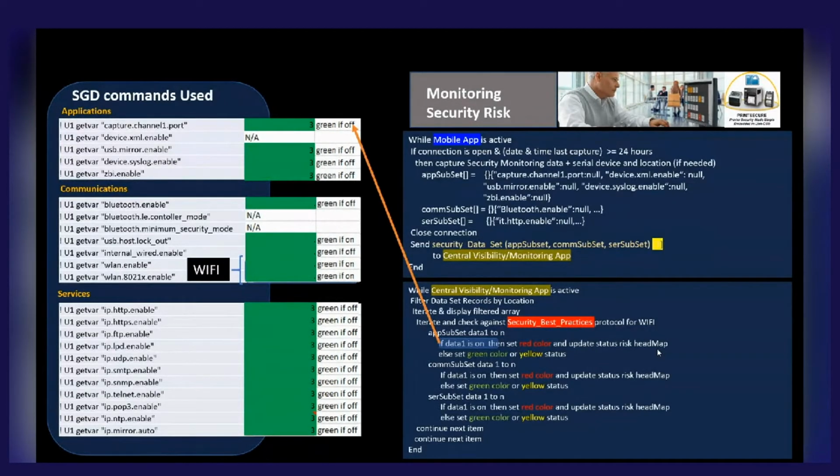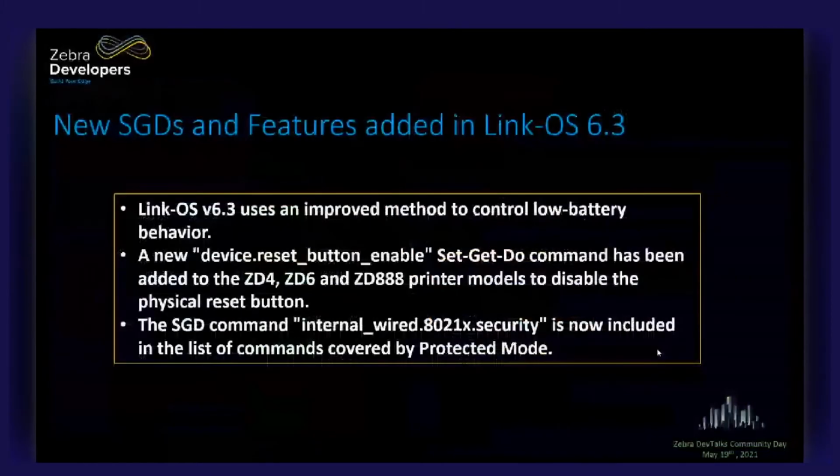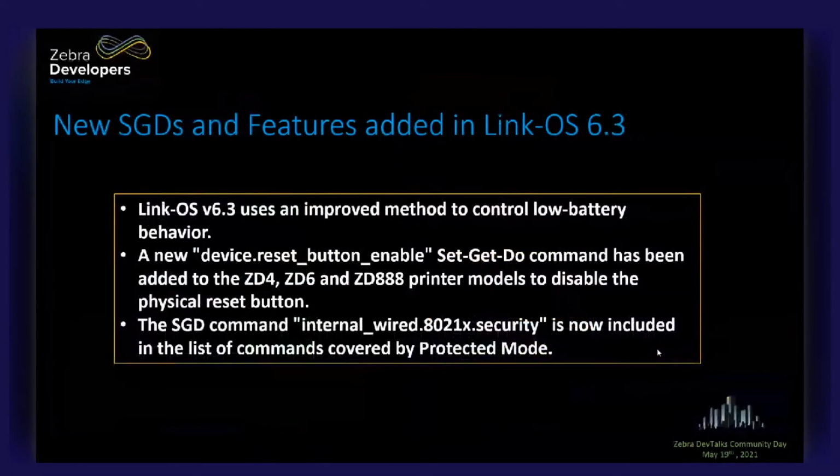Other updates that we have done that come with LinkOS 6.3 is that we have improved the behavior for low battery. So if you're working with mobile printers, and low battery is a critical issue, we recommend that you immediately update to LinkOS version 6.3, which has improved this situation or use case.